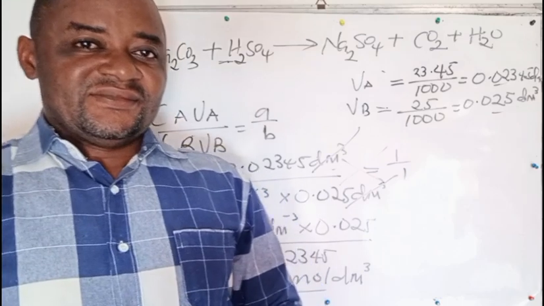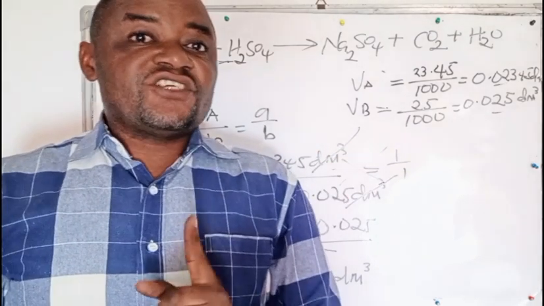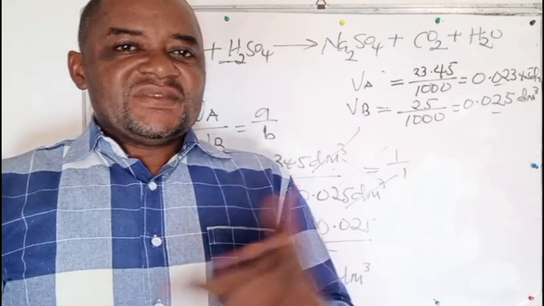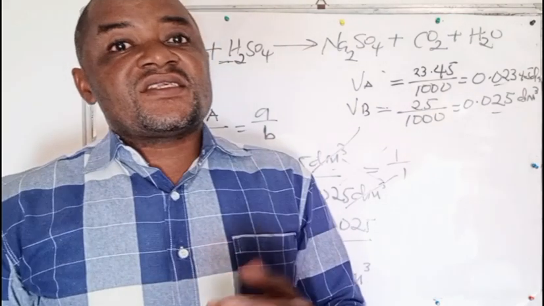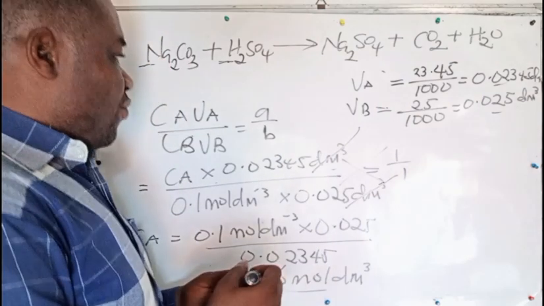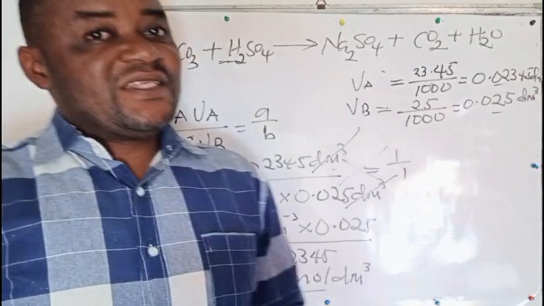Number one, if you are given a calculation in terms of titration, you must note what you are looking for. Is it the acid or the base concentration? In any case, how do they come? Do they come in mole per dm³ or in grams per dm³?